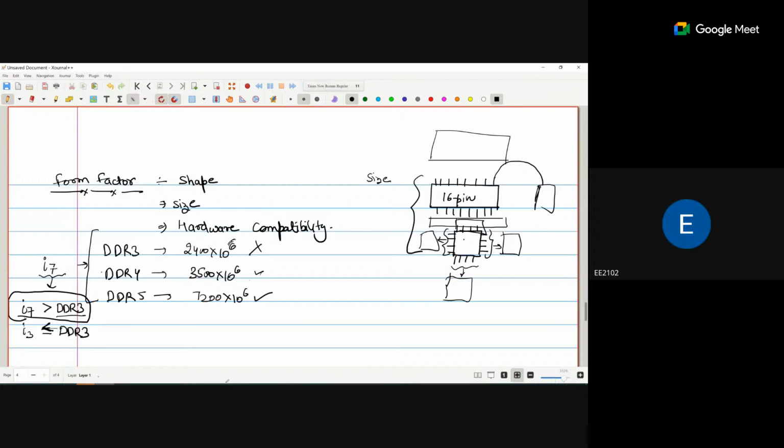Anything else? Sir, did you solve the quiz's last question? I'm not solving that. I can solve it. If you can solve, then please solve and share it.